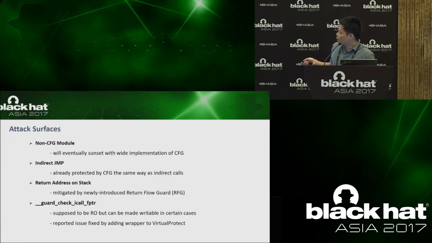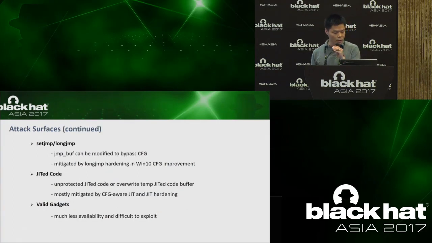This is basically Yunhai Zhang's work, and this issue has been reported fixed by adding a wrapper to VirtualProtect. Three more attack surfaces are listed here. Setjmp, longjmp: because the jump buffer can be modified to bypass CFG, this attack surface has been mitigated by longjmp hardening in the Windows 10 CFG improvement.